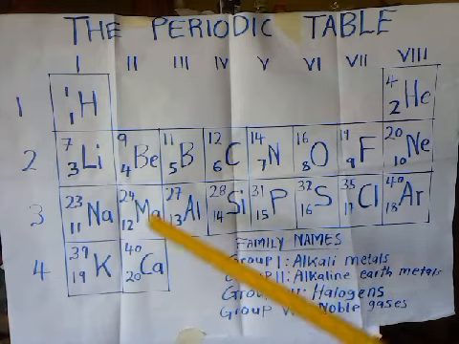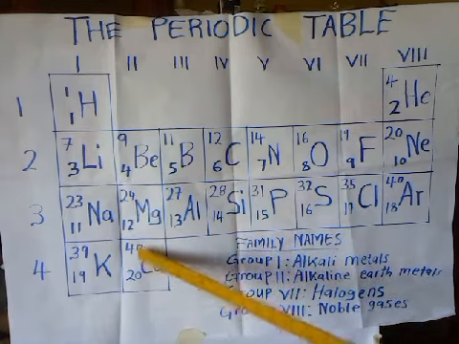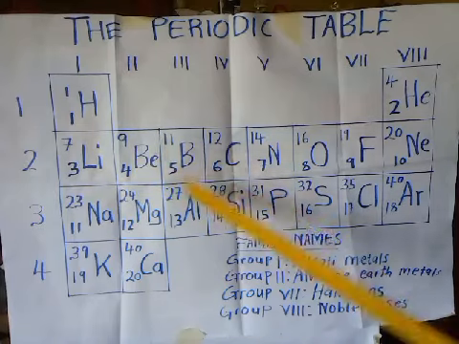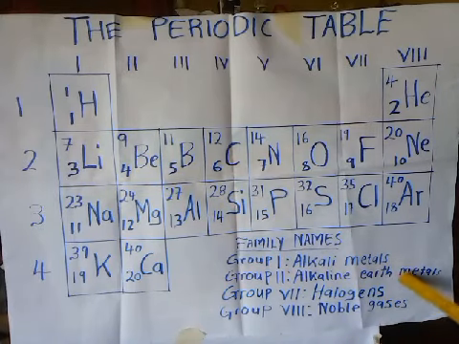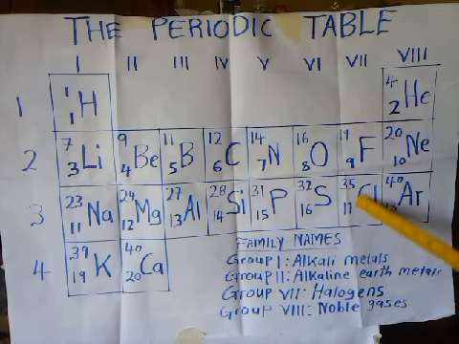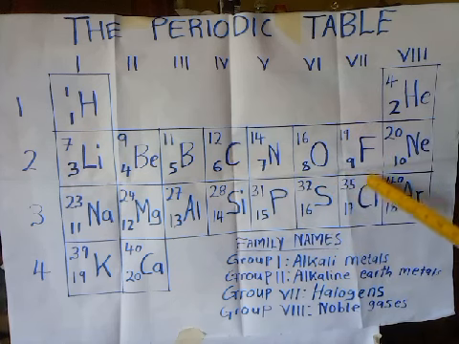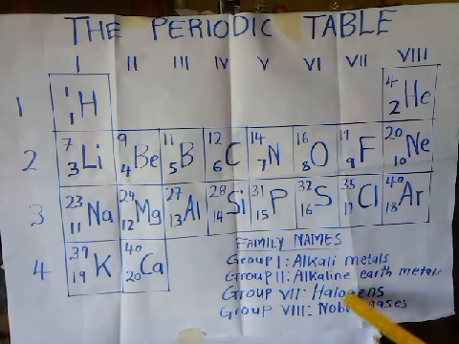Then we have group 2 elements. Group 2 elements, we are talking about beryllium, magnesium, and calcium. That means group 2 elements are called alkaline earth metals. Then we have group 7 elements, that means fluorine and chlorine. These are called halogens. That is the special name for group 7 elements.